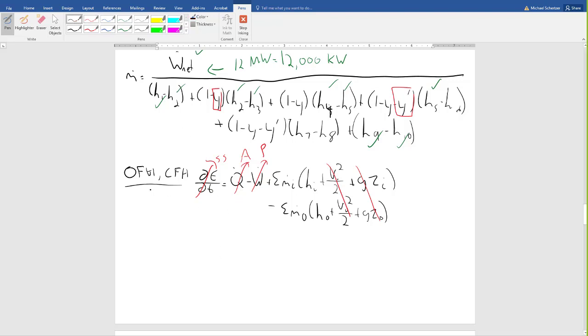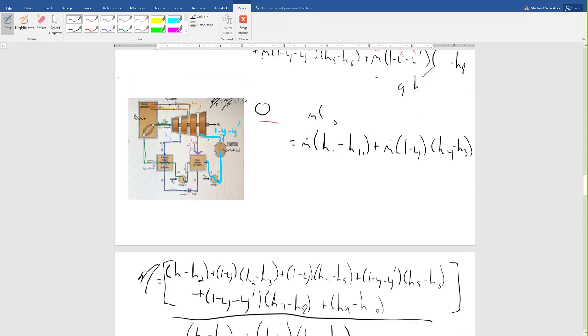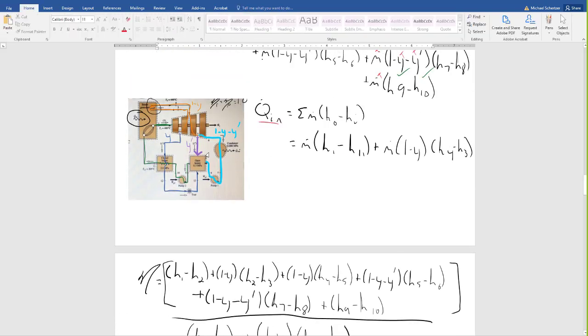So for both of these systems, this is going to be 0 is equal to the sum of m dot in h in minus the sum of m dot out h out. So let's see what we can do with that if I copy this and bring it down.